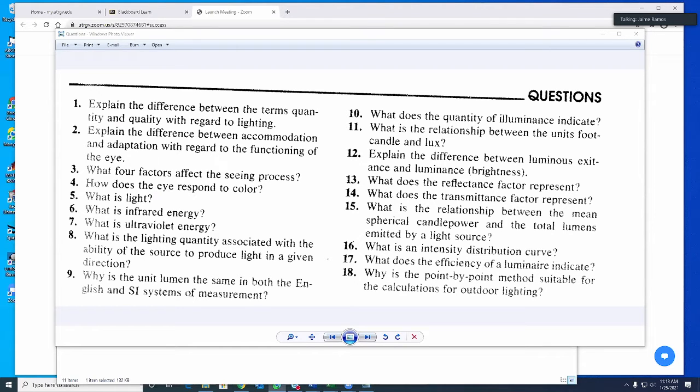Okay, so it says we have one candle is the unit of intensity.